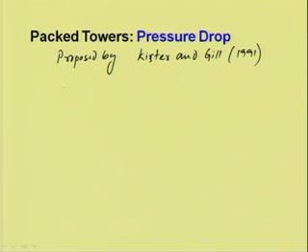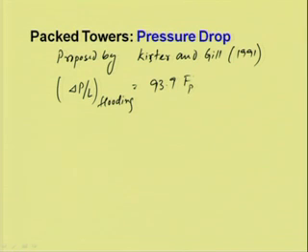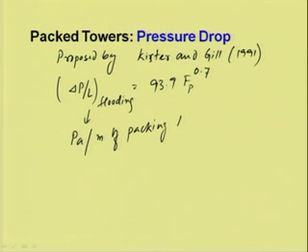That correlation can be used: delta P by L at flooding is equal to 93.9 F P to the power 0.7, and the unit of this is Pascal per meter of packing height. F P, as we have said, is in feet square per feet cube.